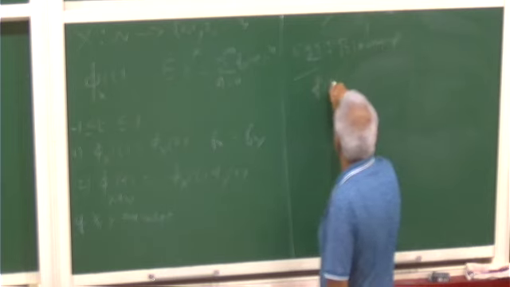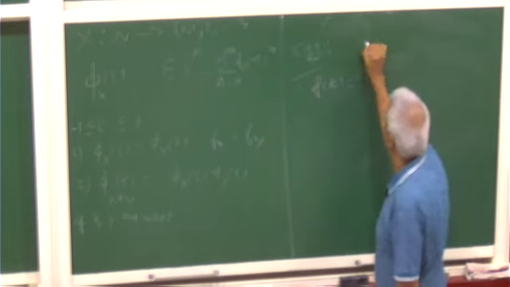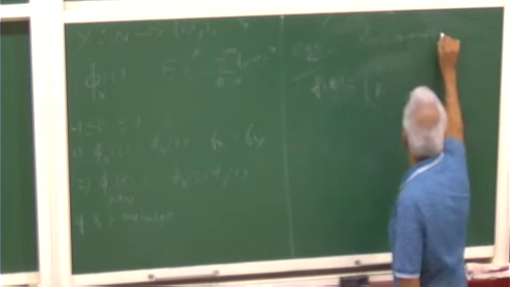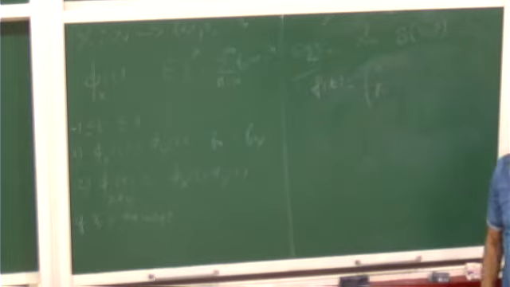Suppose X follows binomial with parameters n and p. Let me call it B(n, p), meaning binomial n and p. Then f of k equals nCk p power k (1 minus p) power (n minus k), for k greater than or equal to 0 and less than or equal to n.